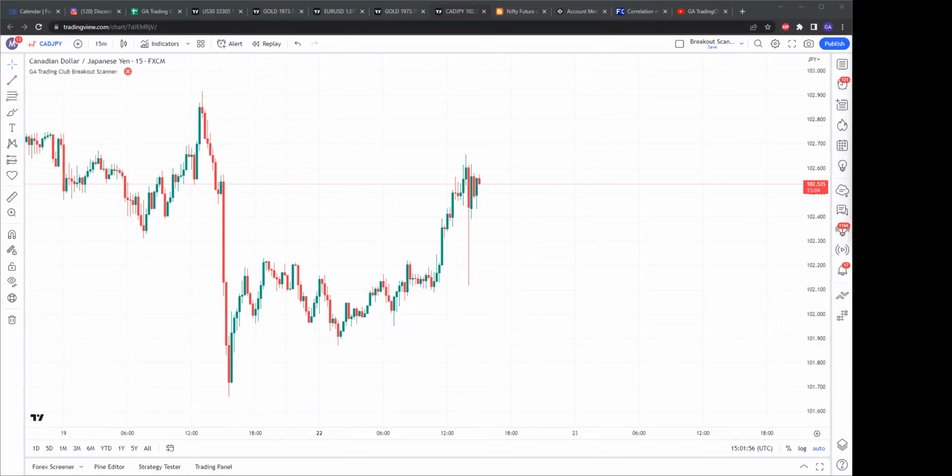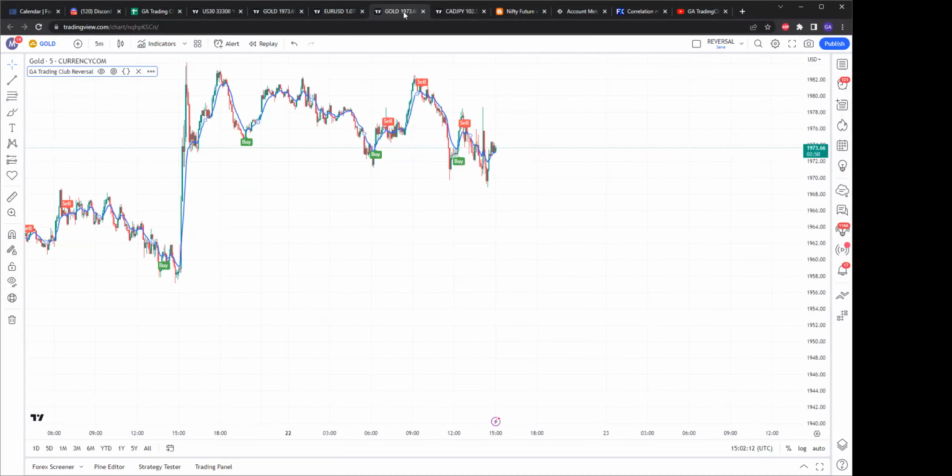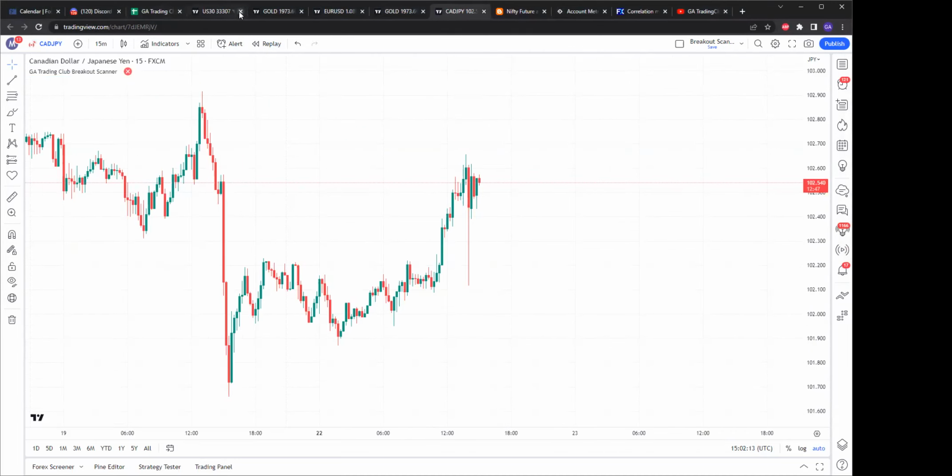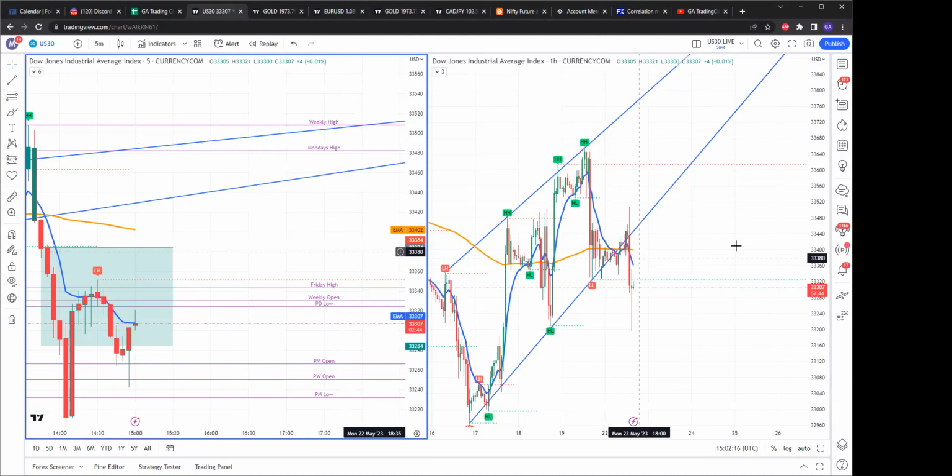US 30. USD. Let's try Pepperstone. Nope, same thing. Okay, I'll deal with that later. So right now we can't see anything for the breakout. Does anybody else have any questions? I'll try to fix that after this call is over.